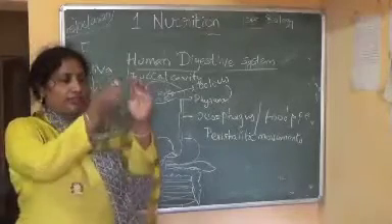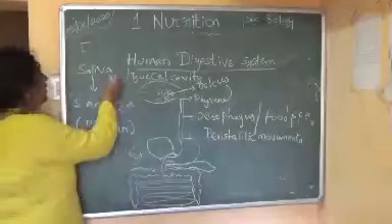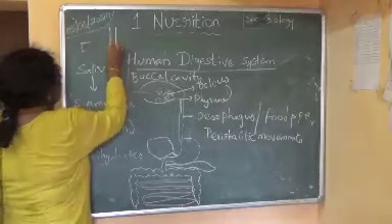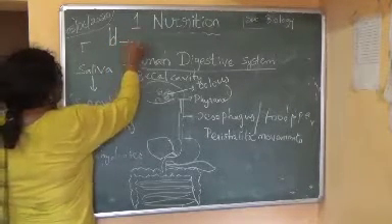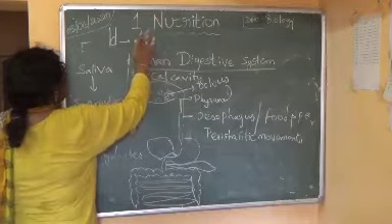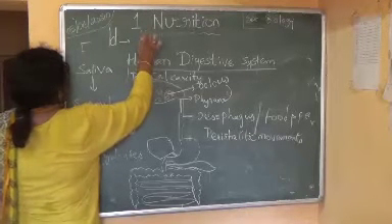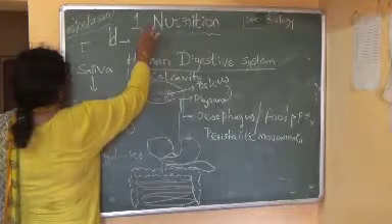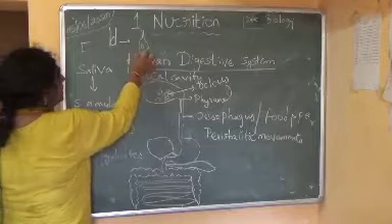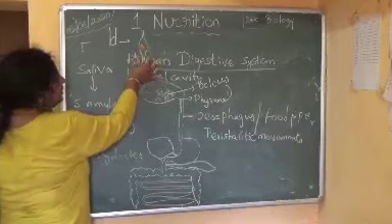When food is here, this part will expand like this, and this will contract. Next, as the food passes here, these muscles will contract and this will expand.